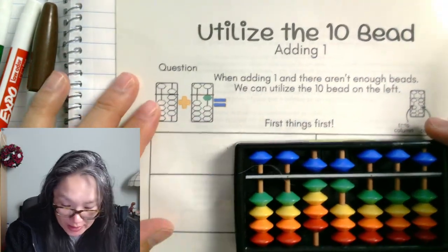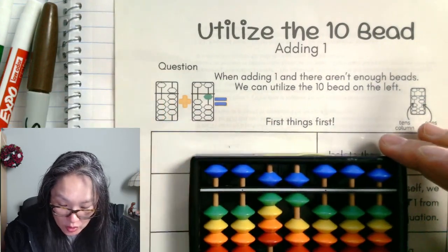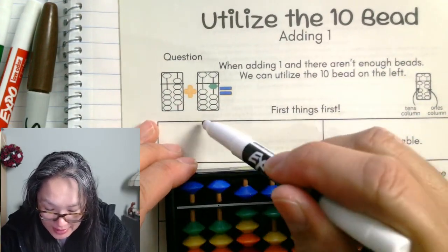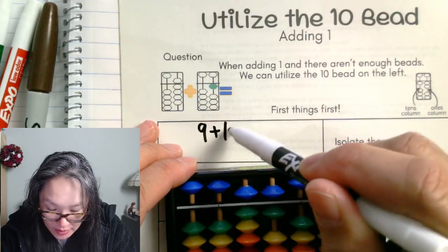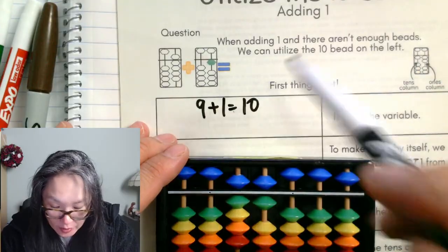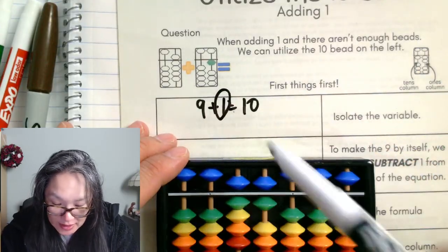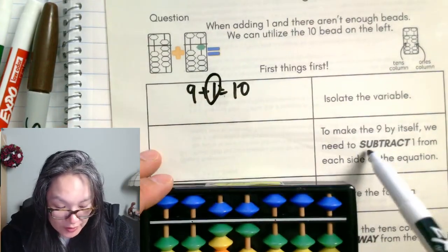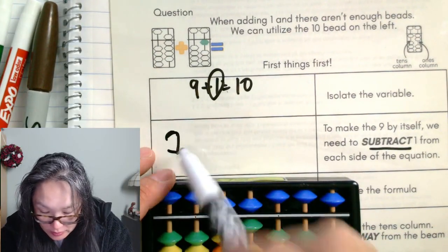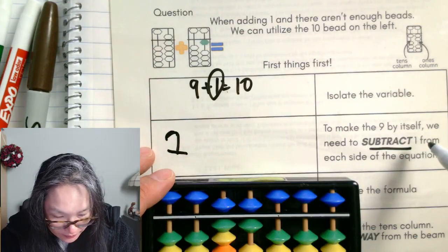Why are we doing that? Well, in school, we are teaching children how to add the 9, how to make a 10. Making a 10 is plus the 1 is equal to plus the 10. But what we're going to do is we need to isolate the variable. This is the variable we're going to isolate. So when we do it, we have to subtract the 1. So what's going to happen is subtract the 9.